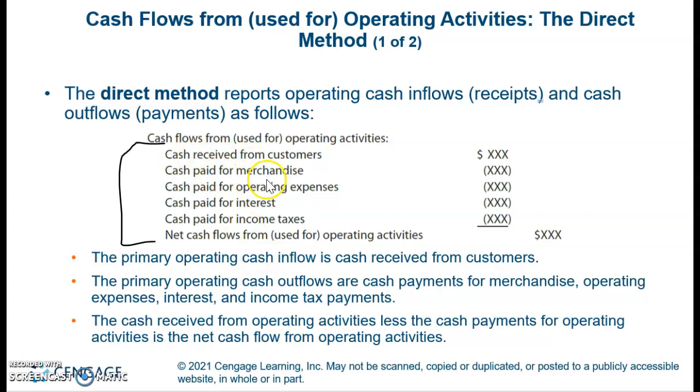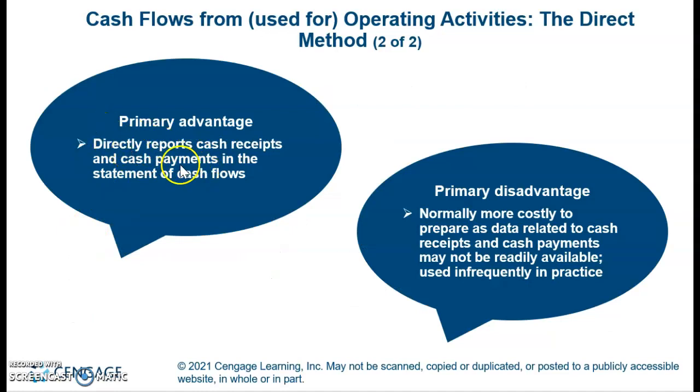This is more clear-cut to be able to see, but because businesses don't have access to this direct information, we're going to prepare it the way that they normally do have the information. Direct method is great because it directly reports the cash receipts and directly reports the cash payments in the statement of cash flows. But it's usually more costly because we don't have access to that information. So it's not really used much in practice.